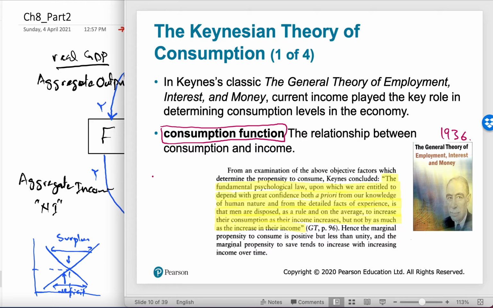So we are saying consumption is a function of something. So what are those things which may affect it? I basically copied and pasted from the book, and it is page 96 of the book. And I read it through this paragraph, and this is explaining the core theory behind the consumption function.